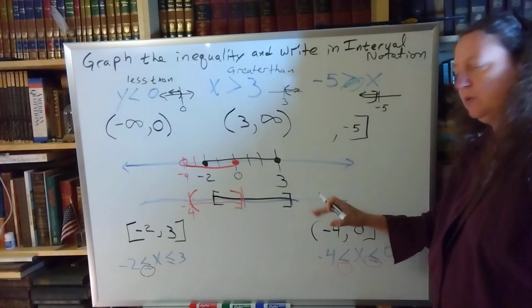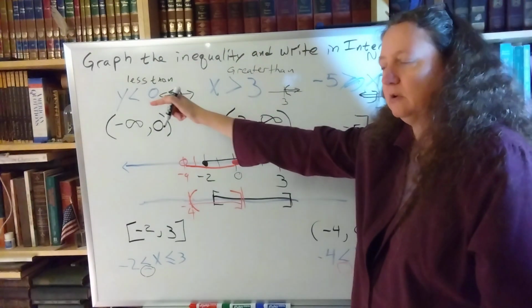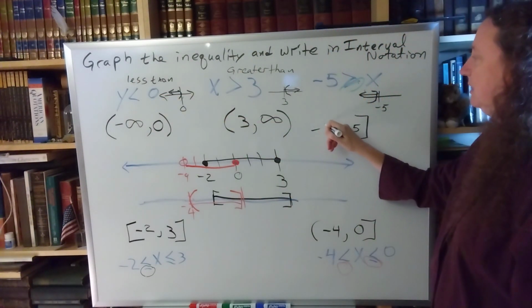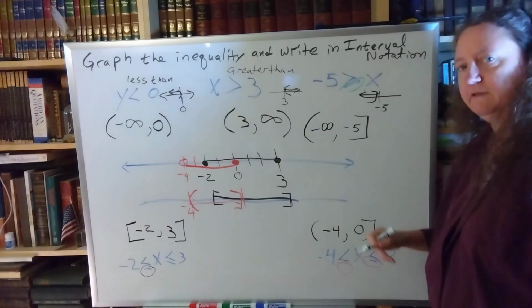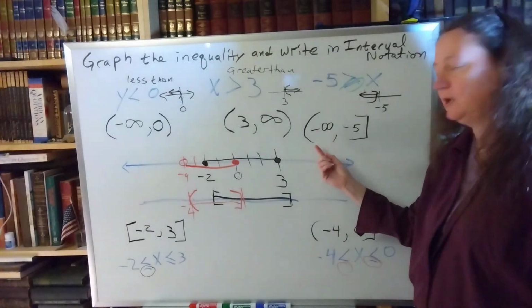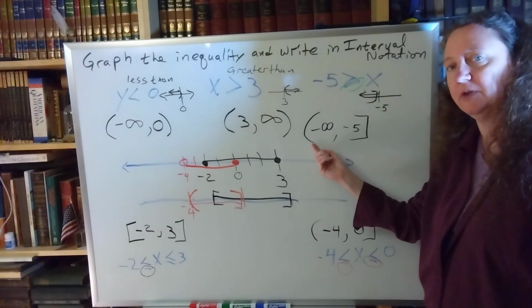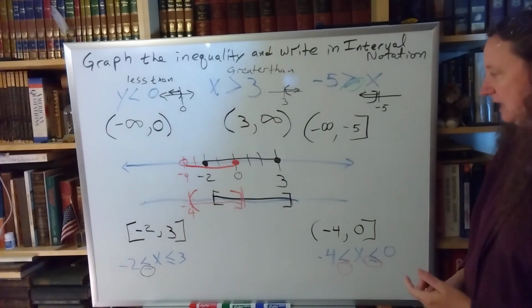I have to figure out what's going over on that side. Well, it kept going and going and going. So it went to negative infinity. And again, infinity, no matter whether it's positive or negative, we can never actually reach it, so it's getting the round parentheses. And that is it for this one.